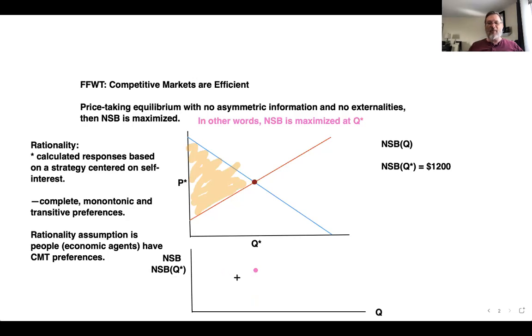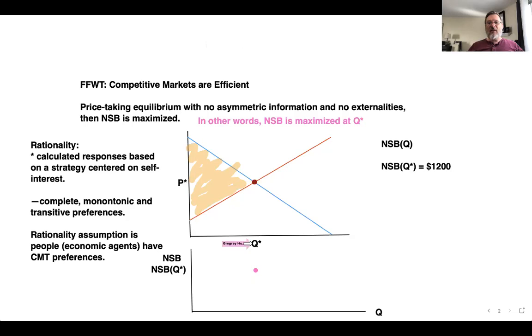So it's a specific point, so what might I do next? You want to show how it's maximized, so draw a line or something for net social benefit so we can see that. Well, how about this?